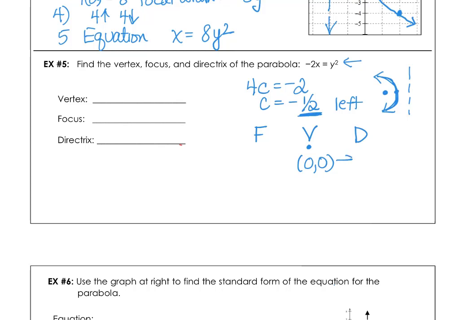So if we go to the right, we're adding 1/2. So x equals 1/2 is the directrix. The vertex is at the origin. And the focus is 1/2 away. So if we're at the origin, that's -1/2, 0. So our focus is at -1/2, 0.